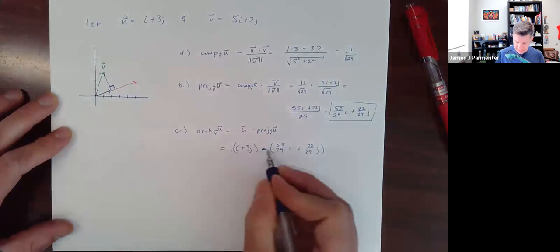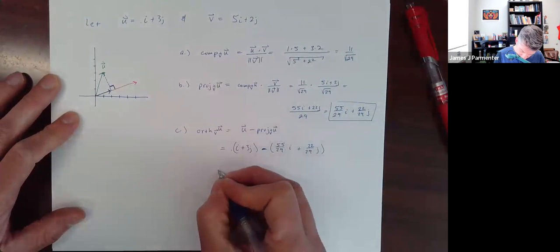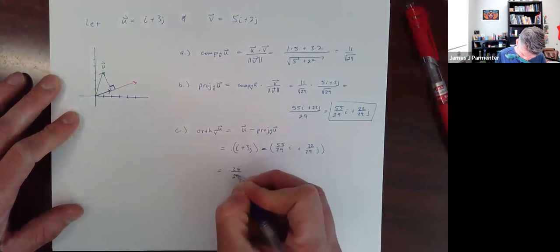So let's see, 1 minus 55 over 29. Okay, so 29 over 29 minus 55 over 29 is negative 26 over 29 I.